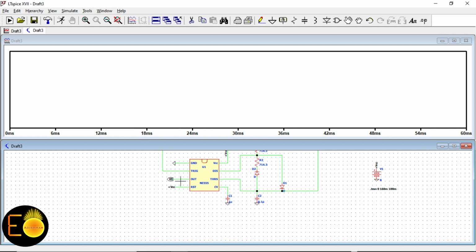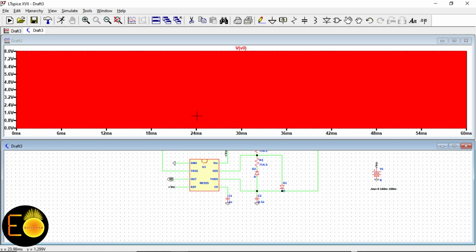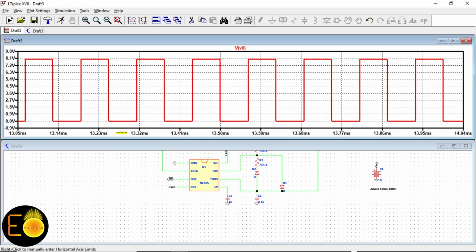Now if I see the output, okay, so huge frequency, such a large frequency, so that's why they are not visible.